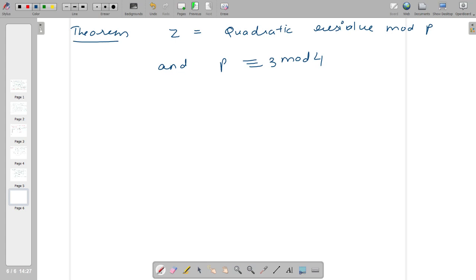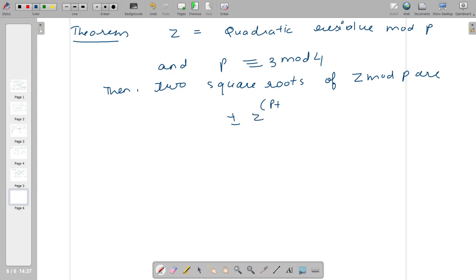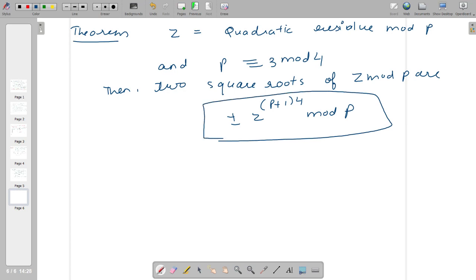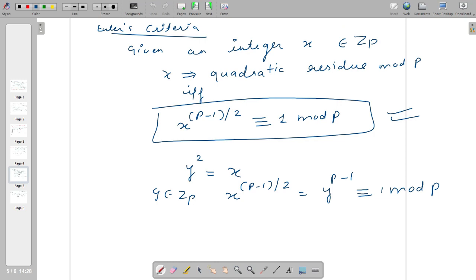Then the two square roots of z mod p are plus minus z to the power (p plus 1) by 4 mod p. So this is how to calculate a square root. Now we have seen how to check whether a number is a quadratic residue or not, and how to calculate the square root.